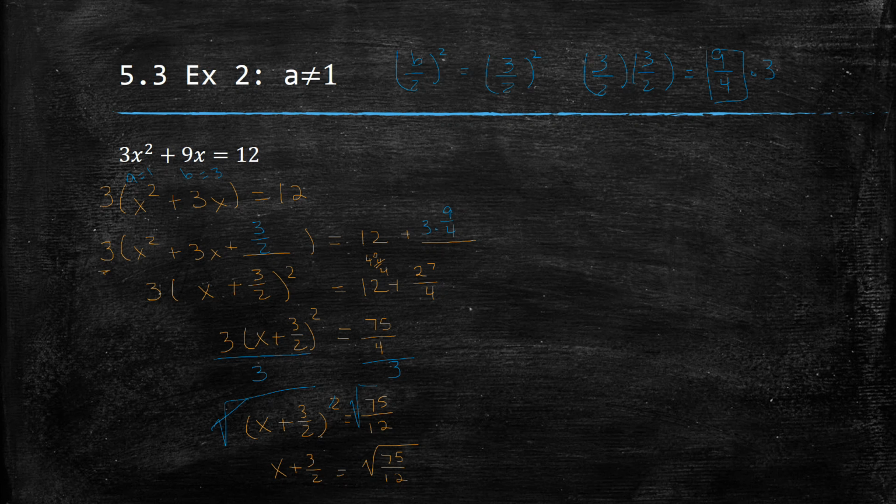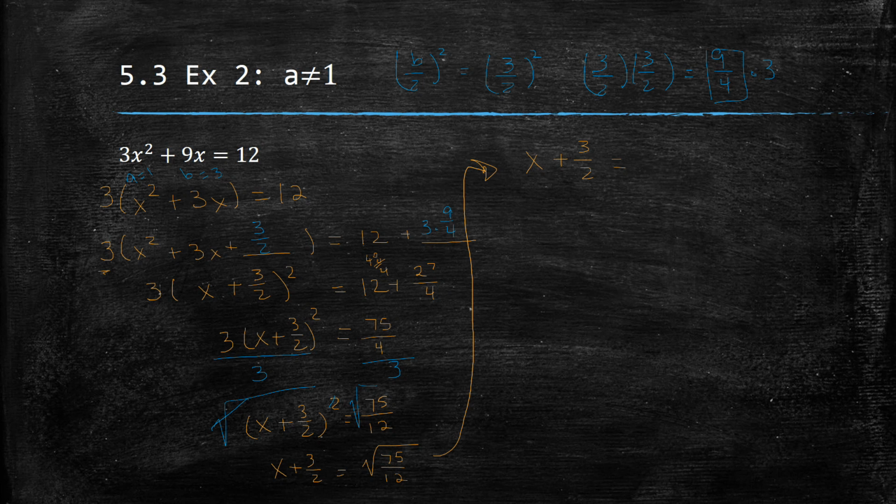And then you can go ahead and reduce that. So we have x plus 3 over 2, and then we can reduce 75 over 12. We can divide each one by 4. No, I lie, by 3.